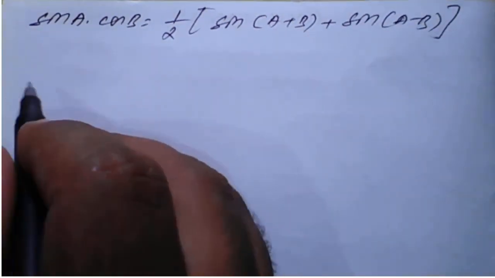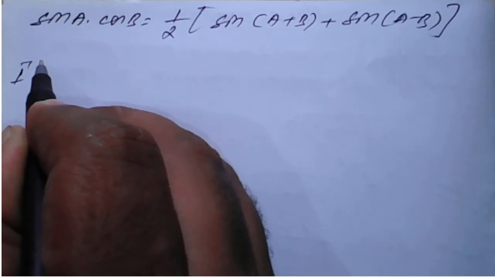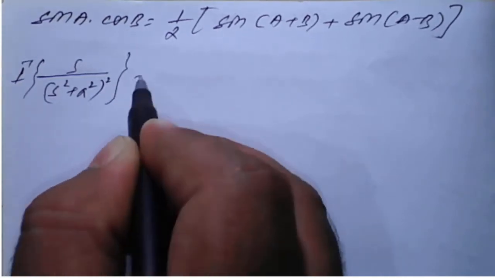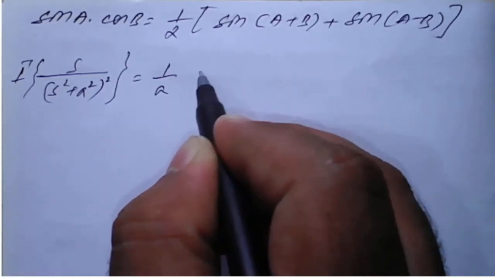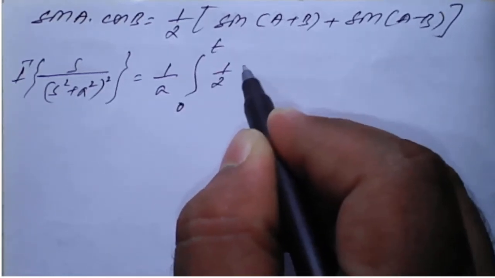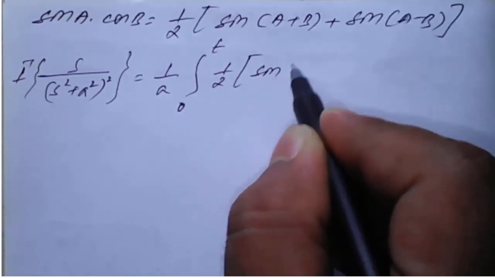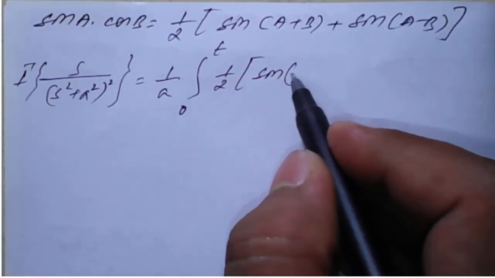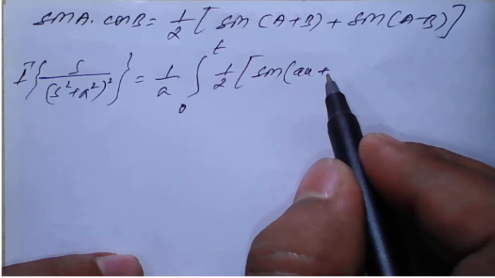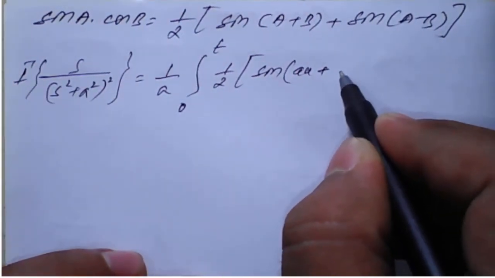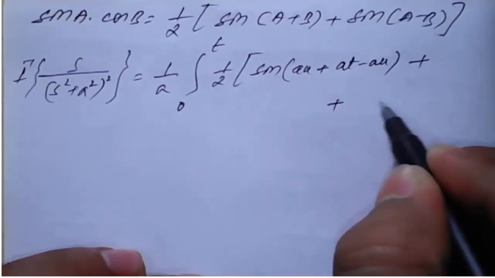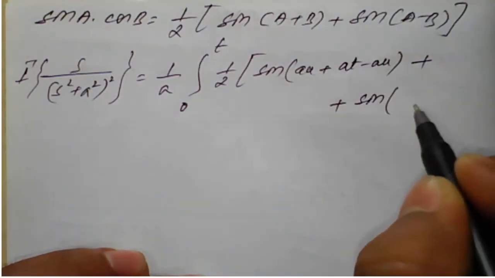So therefore our inverse Laplace of s divided by s square plus a square whole square will become 1 by a, which is a constant, integration 0 to t, 1 by 2 times sine of a plus b, where a value is au, plus b value is at minus au, that is au plus at minus au, plus sine of a minus b.